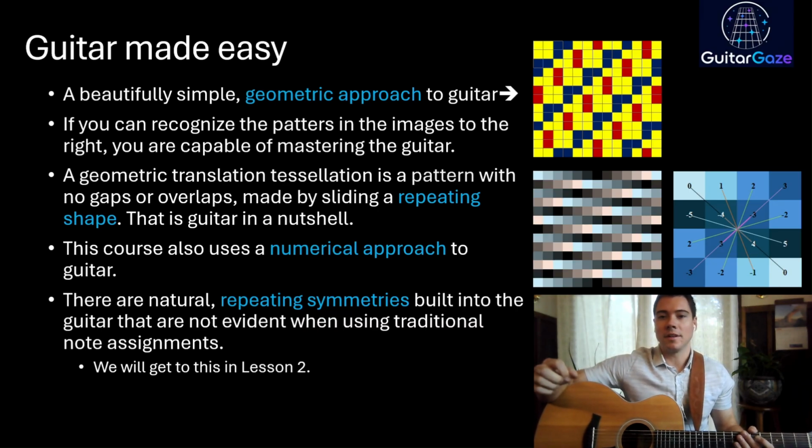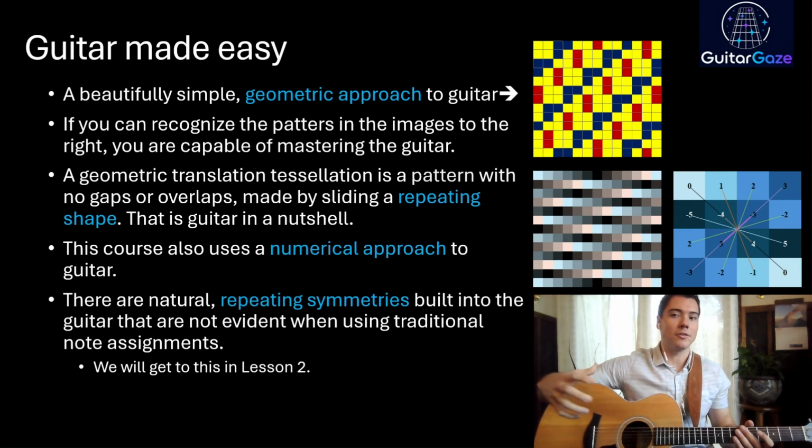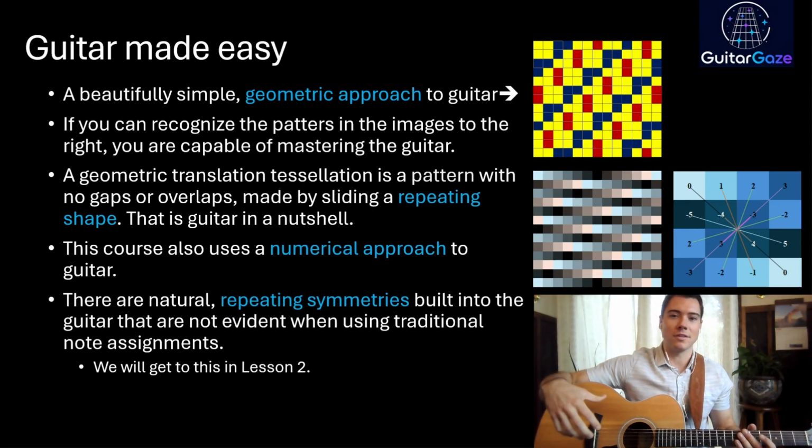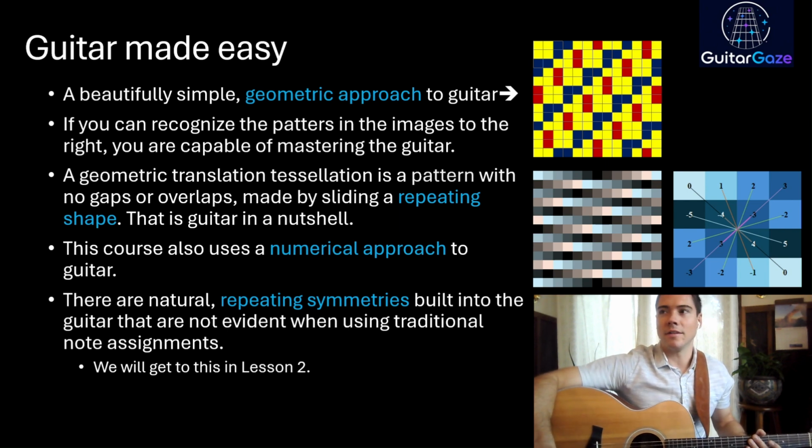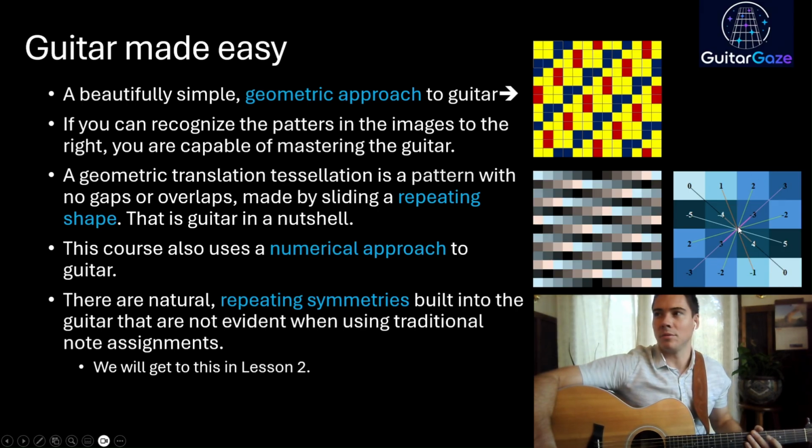Furthermore, rather than using traditional note assignments, if we instead use numbers, we can see these symmetries that are built into the repeating patterns across the fretboard. And that's the third image here on the right. You see all of these numbers have an opposite of their value that is reflected across this central point.